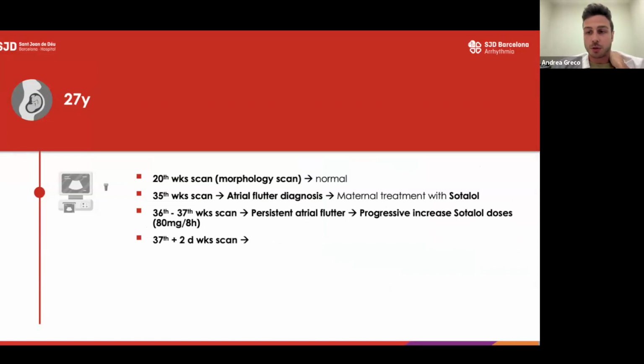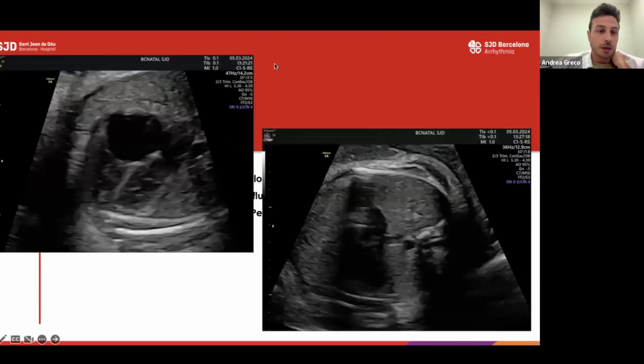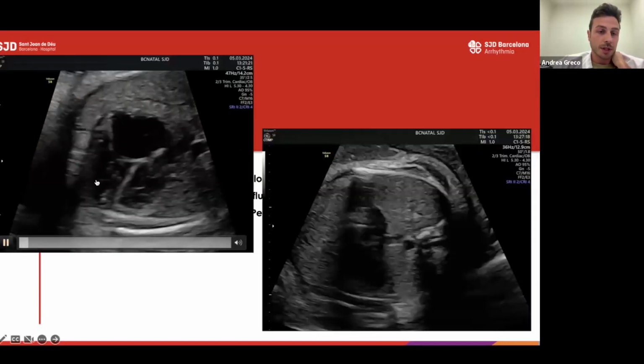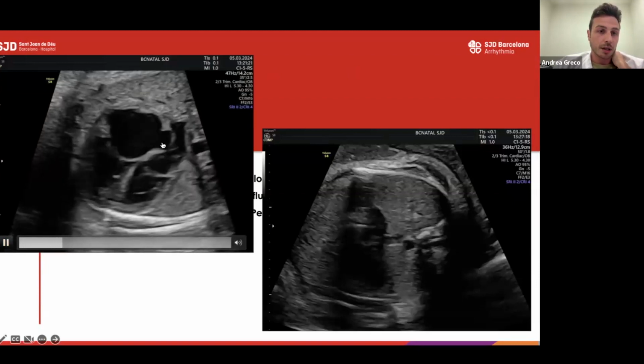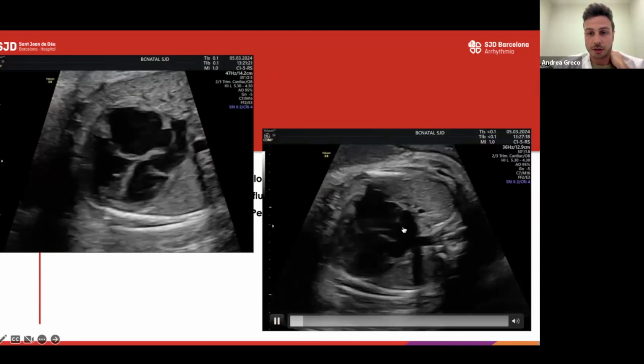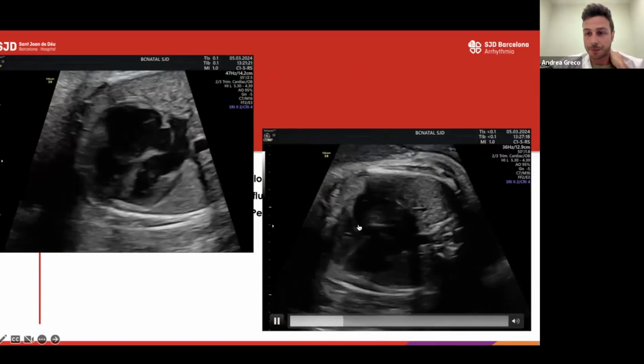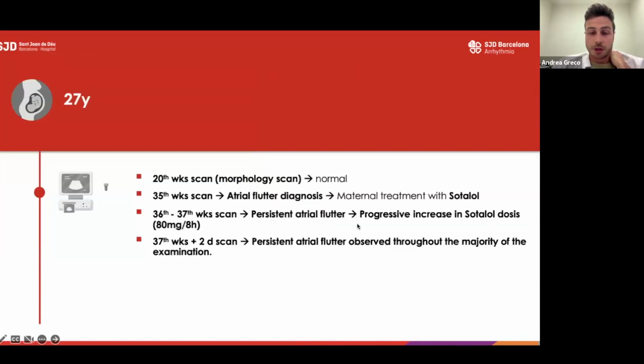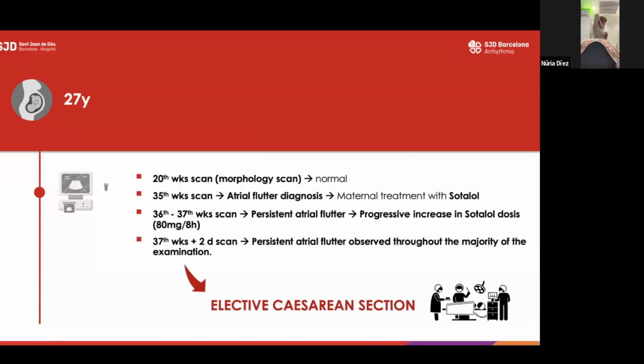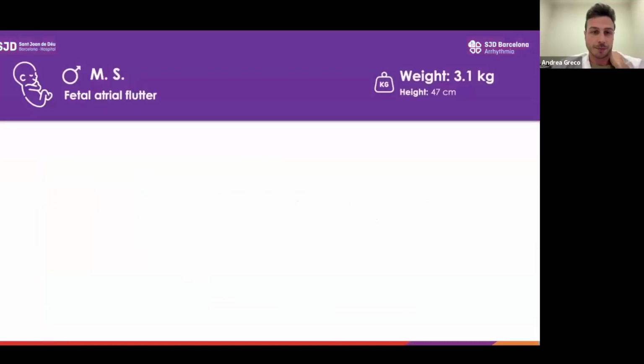But at 37 weeks, persistence of tachycardia is observed through the majority of the examination. As we can see here, this is sinus rhythm during the examination, and this is the fetal atrial flutter. So with the persistent atrial flutter observed throughout the majority of the examination, we decide for an elective cesarean section.